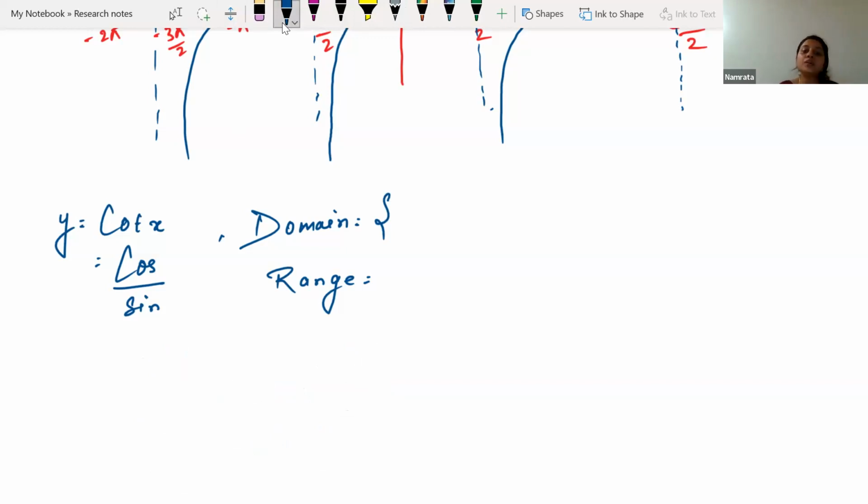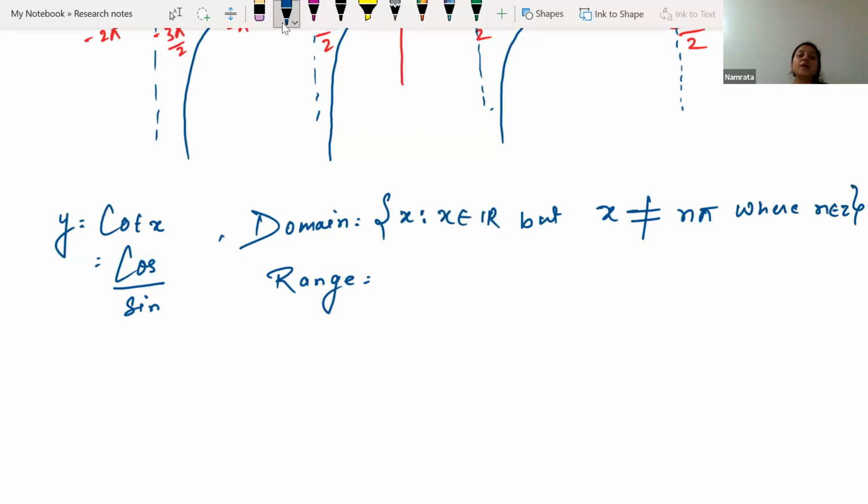So the domain is the set of x such that x can be any real number, but x must not be n pi, where n is an integer. Why not n pi? Because at that time the denominator will become 0 and the function will become undefined.